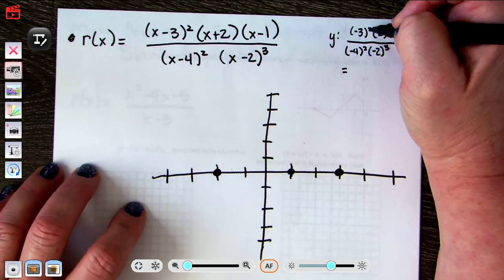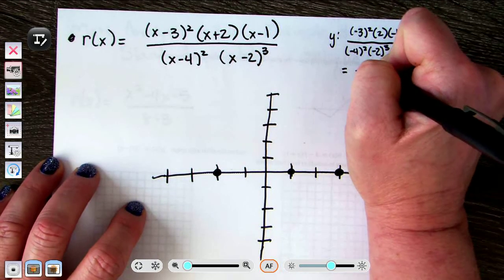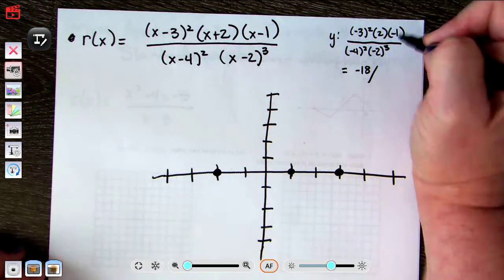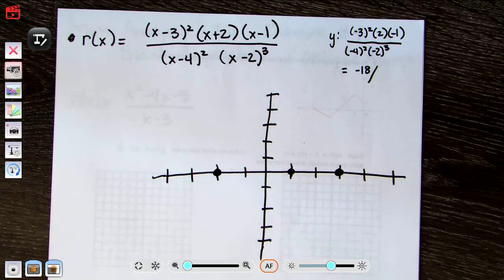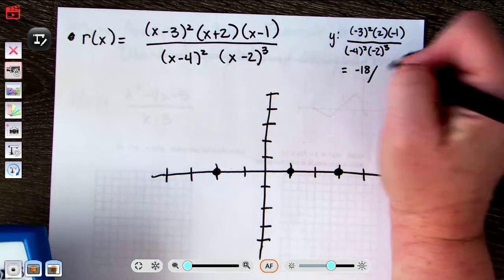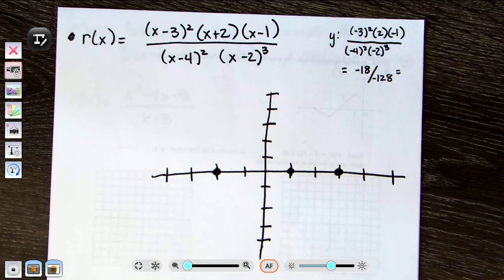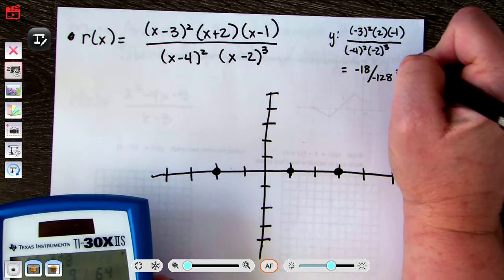So this would be 9 times 2 is 18, so -18 over 16 times 8. Let's see, this would be a positive 16, and that would be a -8, and that's a -128, which I think reduces. It does, to 9/64.